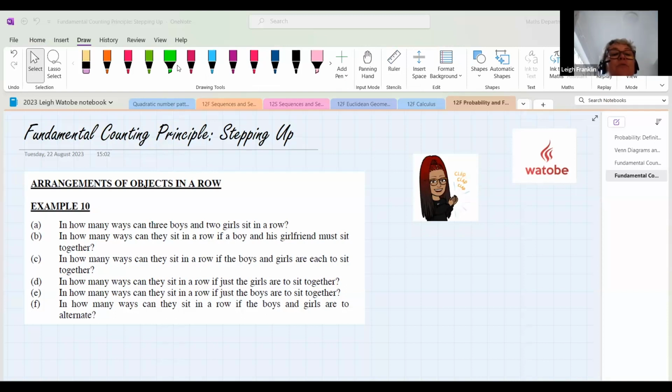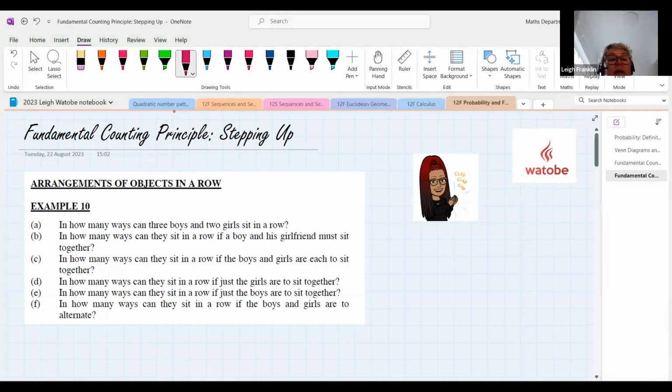In how many different ways can 3 boys and 2 girls sit in a row? What do you think we would have there?